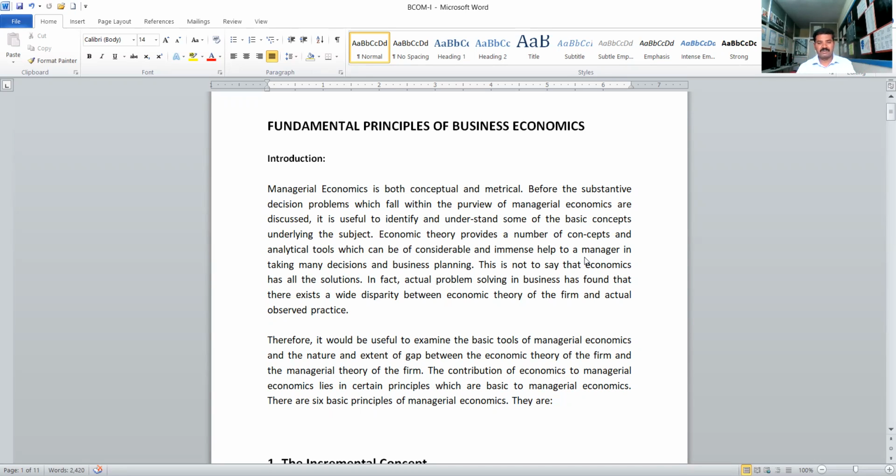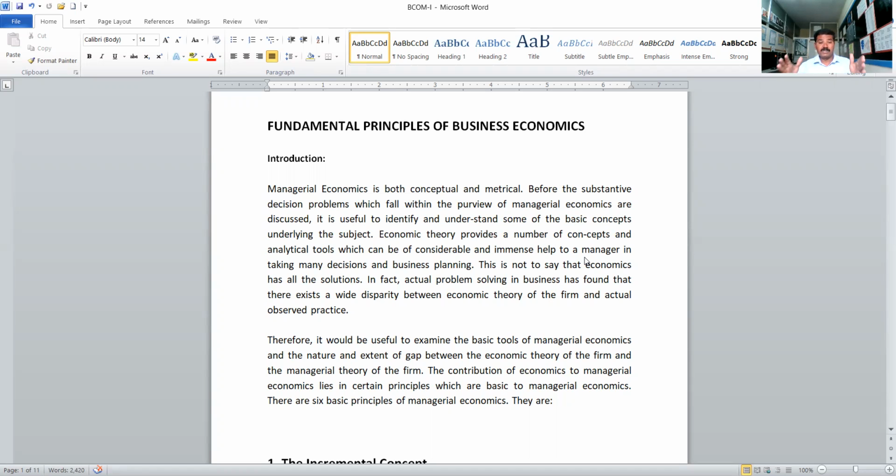In fact, actual problem solving in business has found that there exists a wide disparity between the economic theory of the firm and actually observed practice.